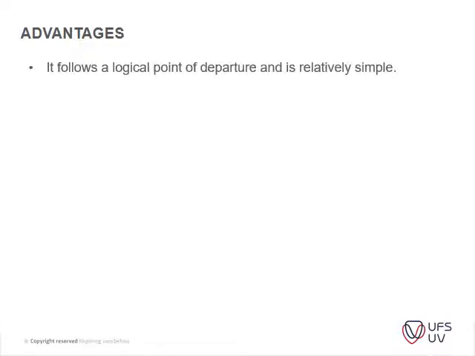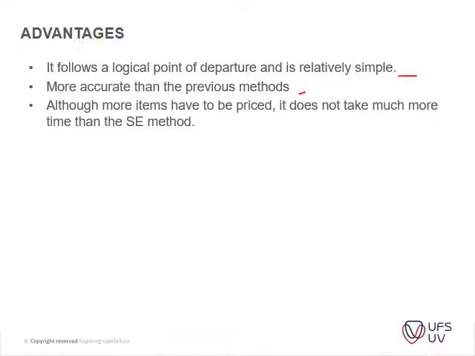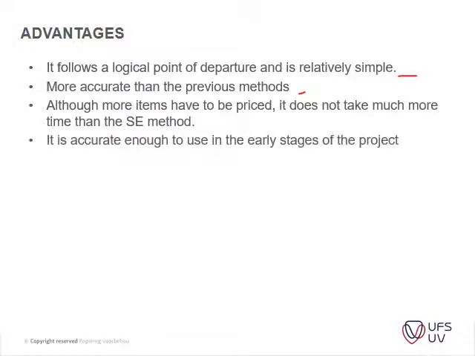Okay, so the advantage is it follows a logical departure point, and it is relatively simple. More accurate than the previous methods again, and although more items have to be priced, it does not take much more time than the single story or the story enclosure method. It is accurate enough to use in the early stages of the project.